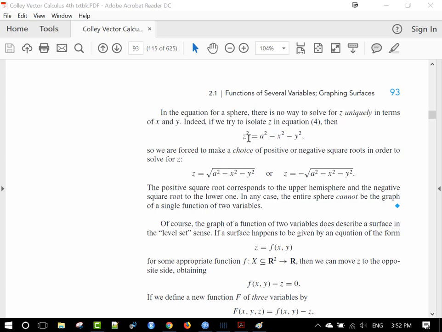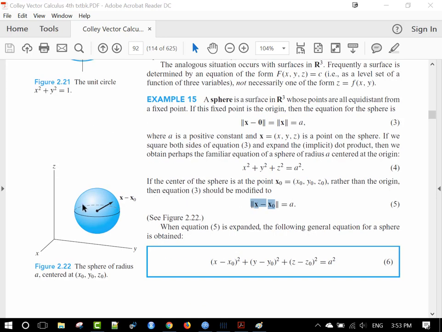If it's both, that's not a function. So you have to decide whether you mean the positive or the negative square root. That means you're deciding on either the top part of the sphere or only the bottom part. Just the bottom part of the sphere is a function, or just the top part is a function, but together, when you put them together, that's not a function.